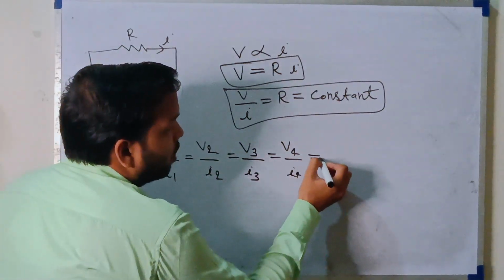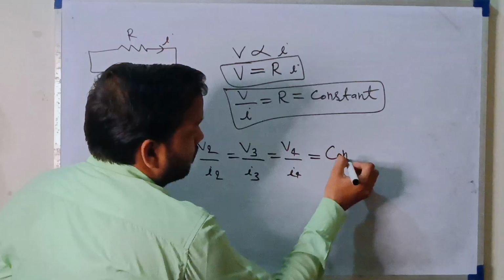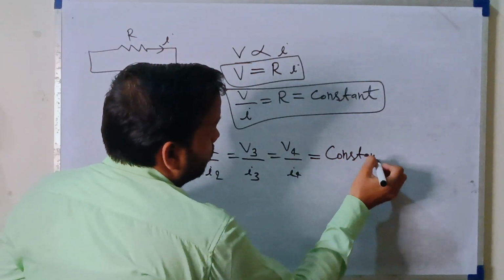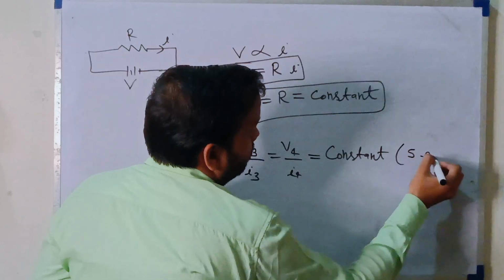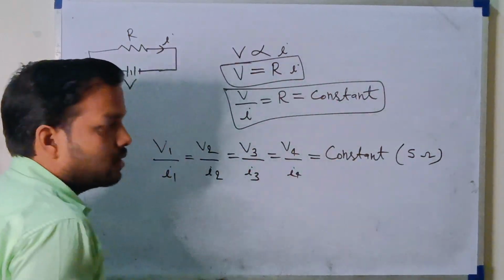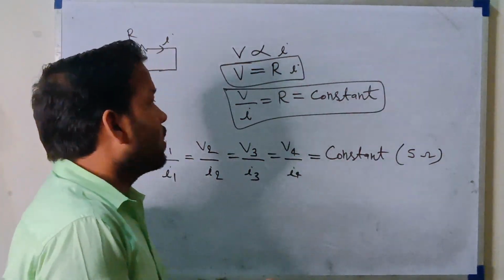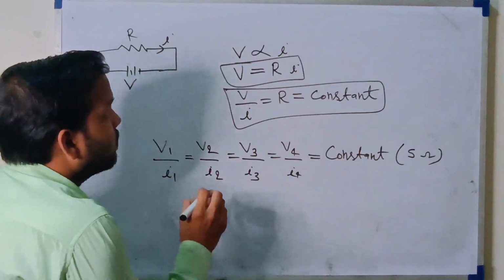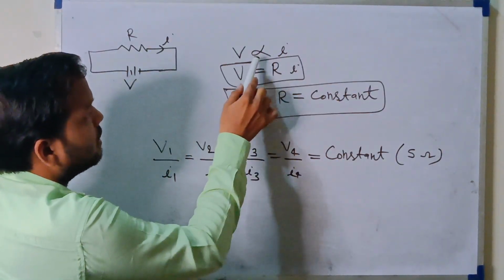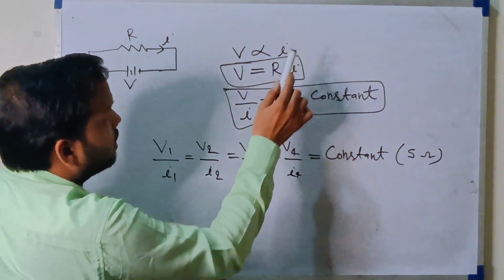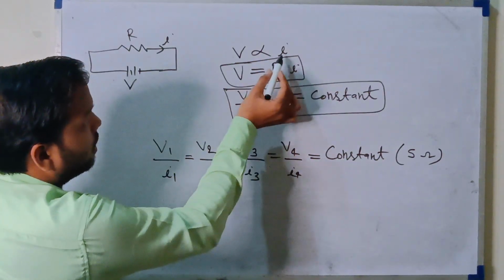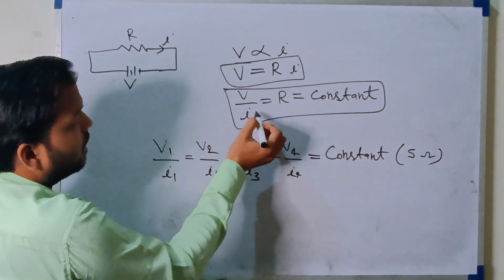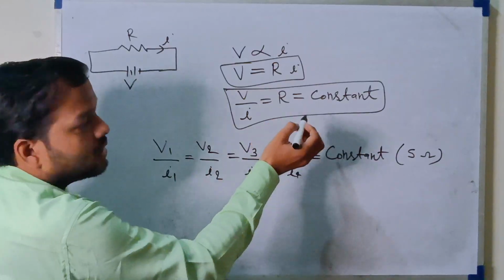ratios will be equal to a constant. Let us say 5 ohm. Just suppose 5 ohm. Okay. So this means whenever a quantity is proportional to another quantity, then V is equal to IR, and V upon I will be equal to R. That is a constant.